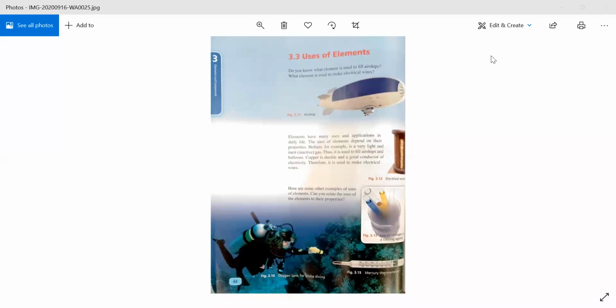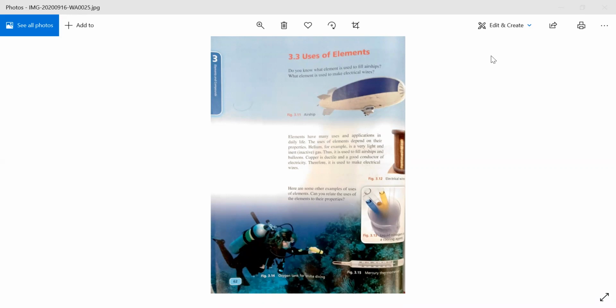For example, if we take an example of helium, it is a very light gas or inactive gas. Obviously it is a light gas, and it's also an inert gas. We can call it inactive gas. And airships are basically filled with balloons.